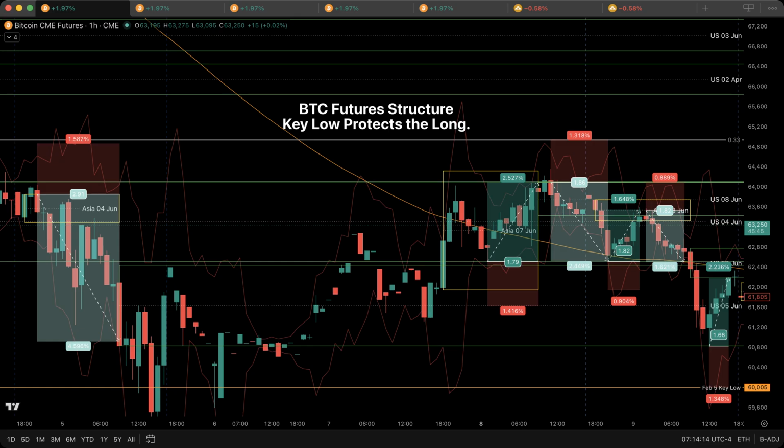Now trader type again. An aggressive trader may tighten the stop above the February 5th key low. The ratio improves. The position size can increase. Sometimes that works. But near a key low, wicks can be violent. Price can dip. Price can shake. Price can touch the tight stop. Then it can return. The idea survives.